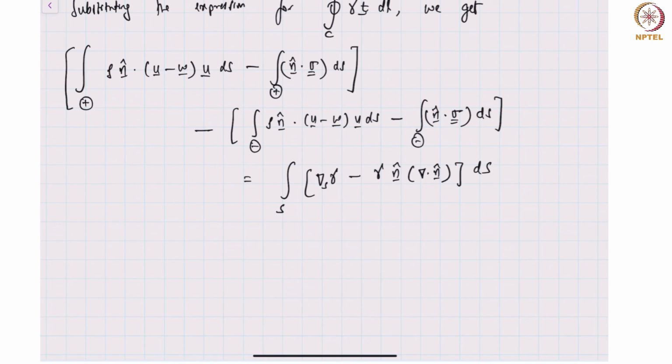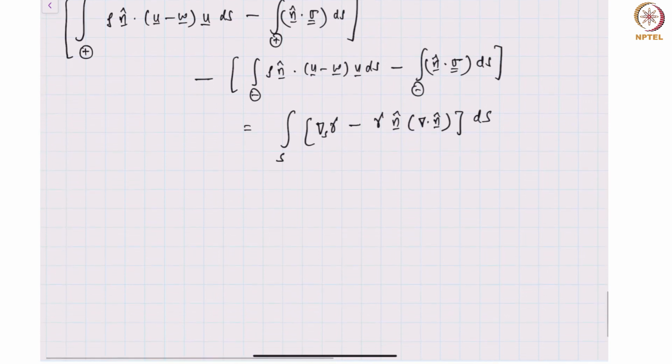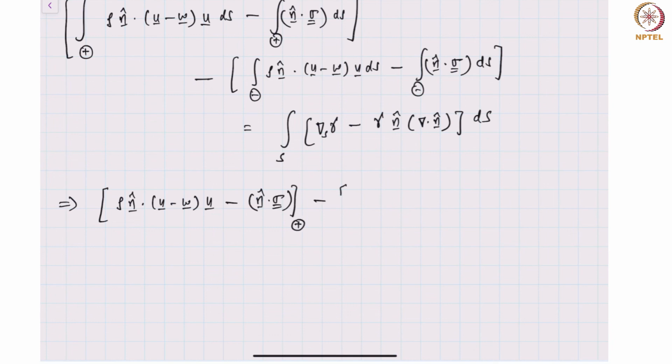We can take it one final step. Because this is valid for an arbitrary dS, for this expression to be valid at all times, I have the first term on the plus side, and the same expression on the minus side.